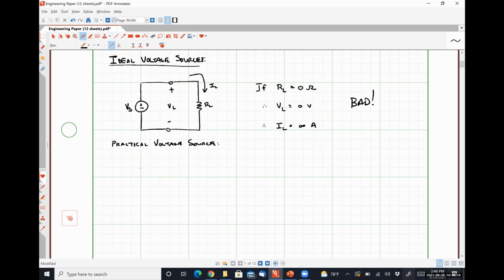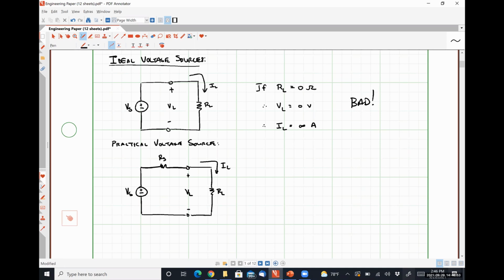So we model it by placing a resistance RS, so a source resistance, in series with our ideal source. It is absolutely similar to that.